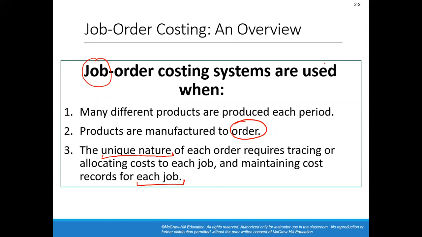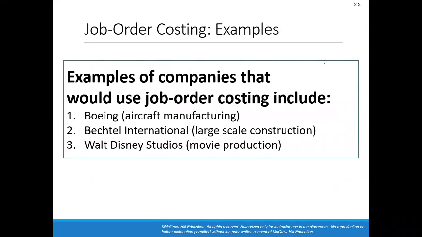Okay. So what are other companies which use job order costing? There are some interesting examples. Boeing, for commercial aircraft manufacturing, uses job order costing, and it is very natural. It's not like Boeing has a showroom where they display the aircraft and customers visit and purchase.